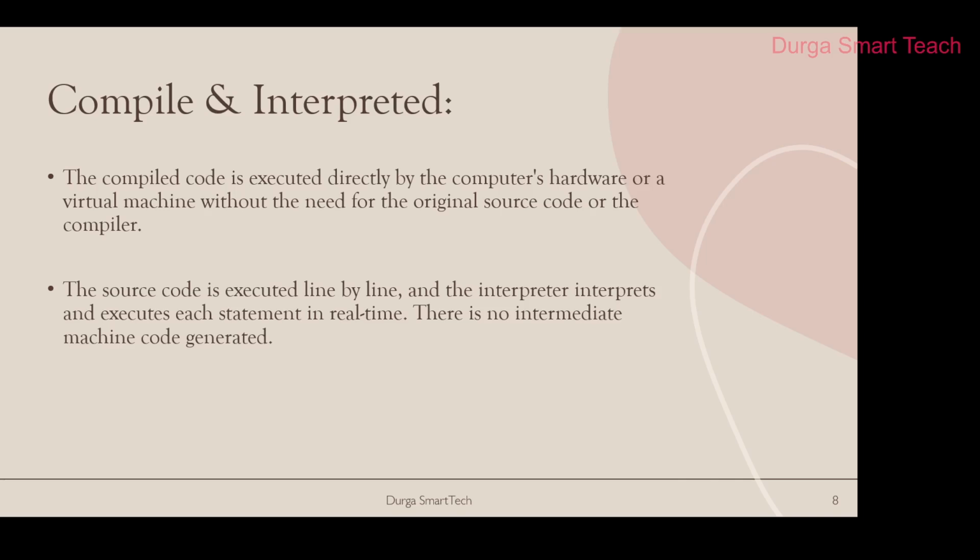Compiler is used to translate from source code to bytecode, and interpreter is used to translate from bytecode to machine code, that means low level language code that is understandable by the machine. The original source code is translated to bytecode, that is the job of the compiler, and the bytecode is translated to machine code, that is the job of the interpreter.